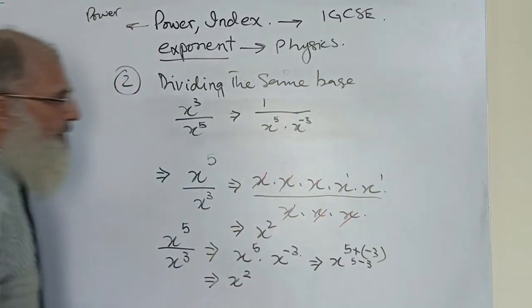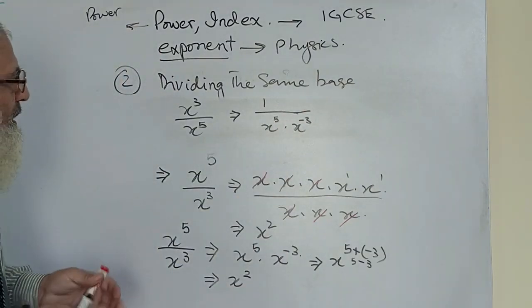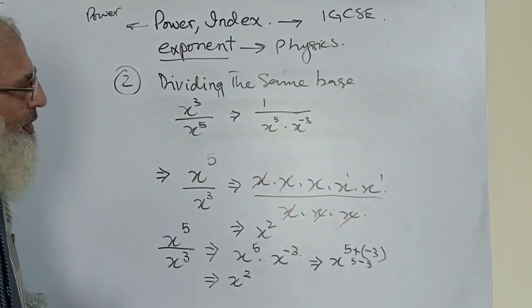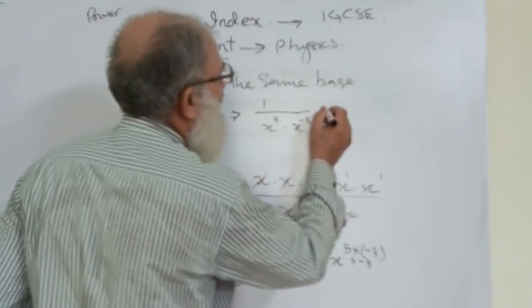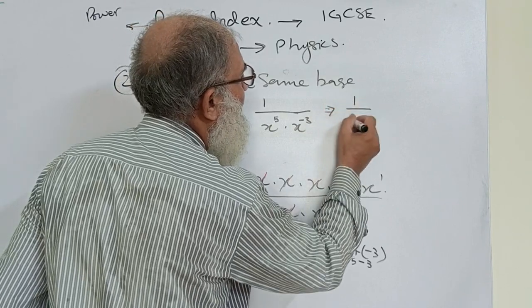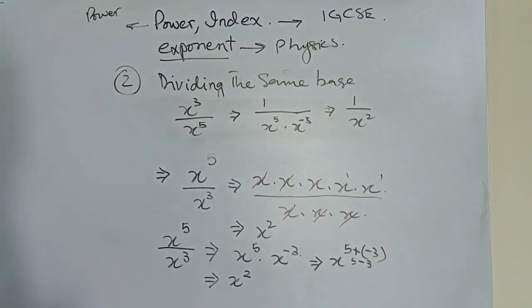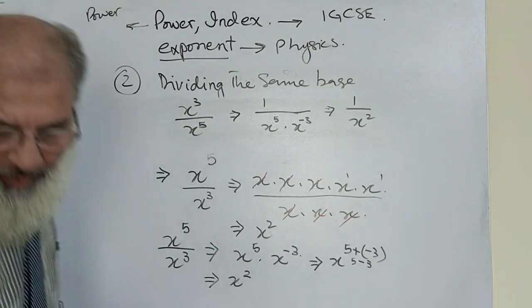Now you see, when the position has been shifted, the sign has been changed. So here again, the outcome will be 1 upon x squared. You follow my point?